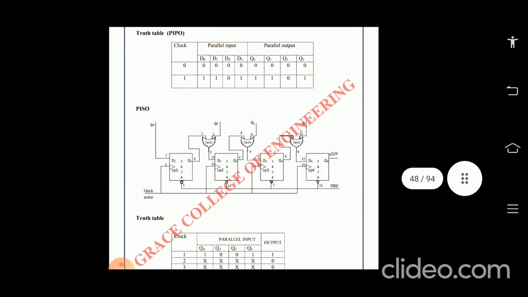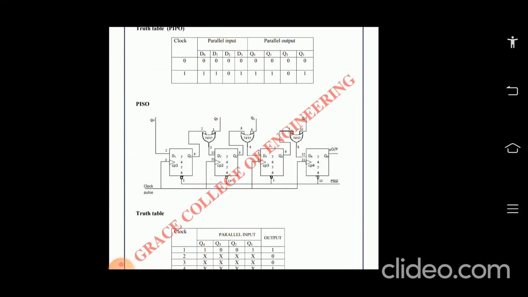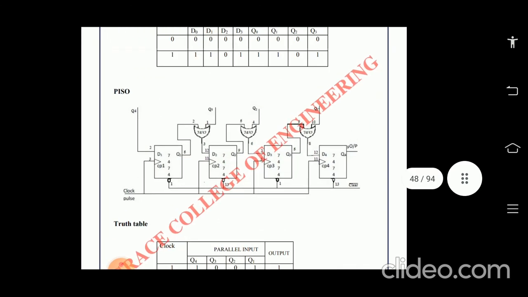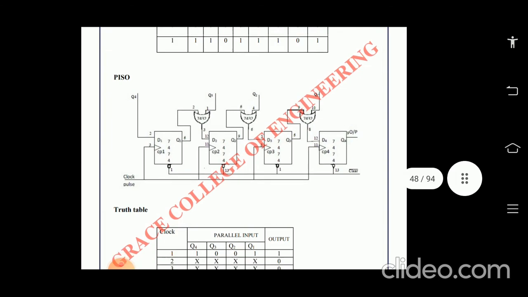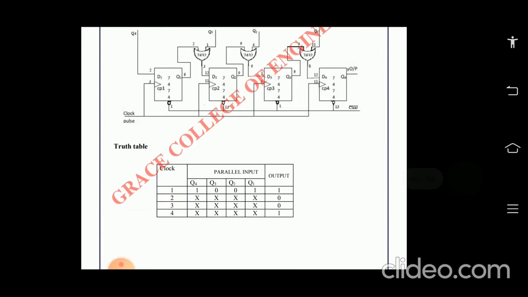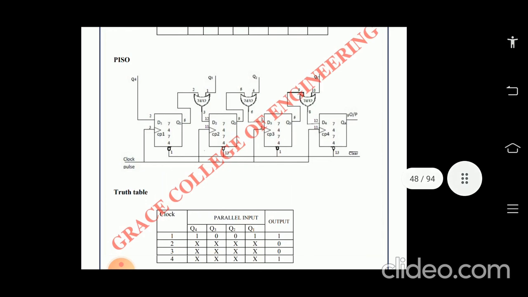Similarly, we have the circuit diagram for PISO, that is parallel in and serial out. We have to construct this circuit diagram with the help of our 7474 IC and also the 7432 OR gate in order to verify the truth table of the PISO connection.